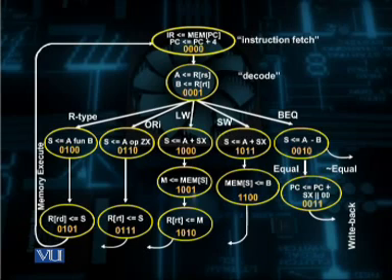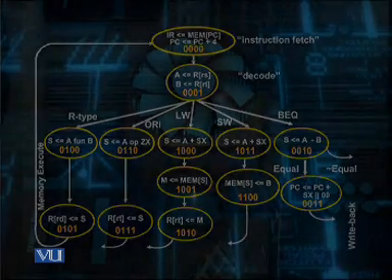The next step is, as you can see from this state diagram, the next state always depends upon the previous history. That is, what is the present state of the control circuit.